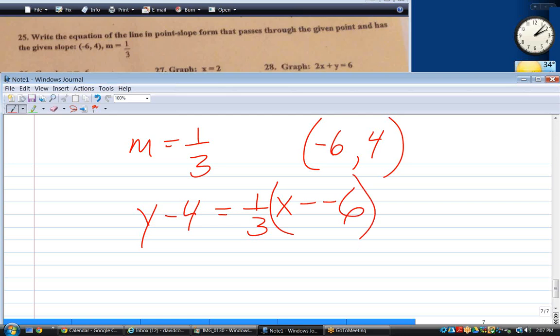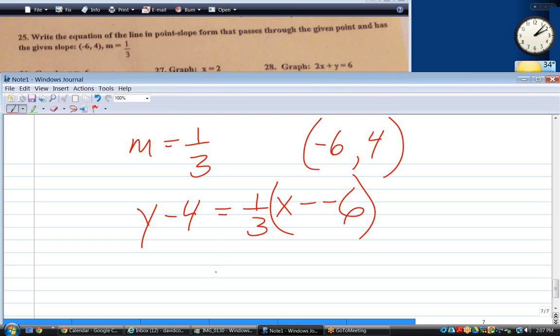Simplify? We have negative 4, negative. Okay, what's the first step in simplifying an equation? You have to distribute it. Okay, let's do that. Get rid of the parentheses.